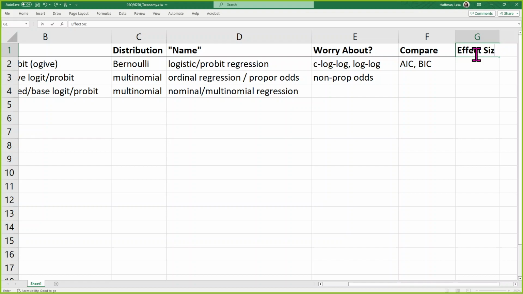Yeah, we're going to add another column to that. Yeah, -2 log likelihood. More general name for that? Comparisons of -2 log likelihood? What's it called? I'll give you the acronym. LR? Yeah, likelihood ratio test.